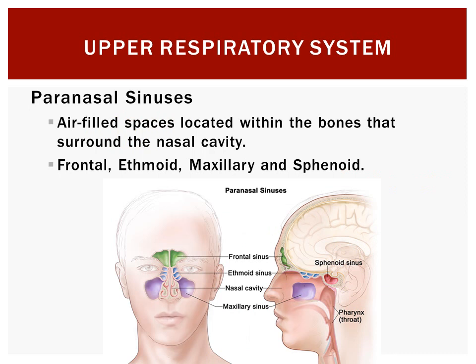Next structure in the upper respiratory system, the paranasal sinuses. The paranasal sinuses are actually hollow spaces filled with air, located within the bones that surround the nasal cavity. So basically, a sinus is a hollow cavity.